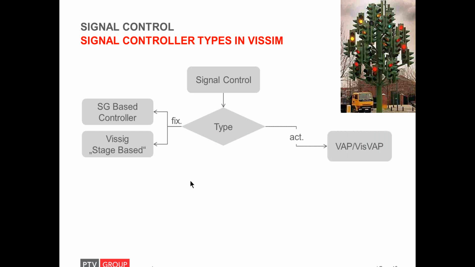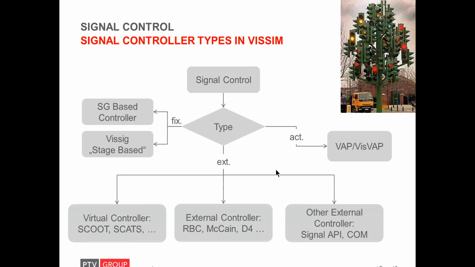If you want to develop an actuated signal controller logic, you can use Vissim's own vehicle actuation programming language, VAP, or its visual front end, VisVAP. And you can also link external controllers to Vissim to simulate real controllers in the loop or to develop and test customized external controllers.